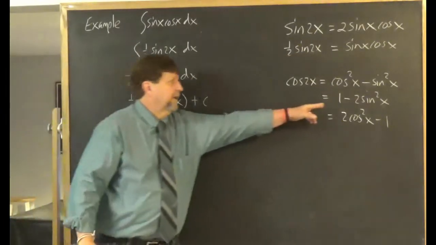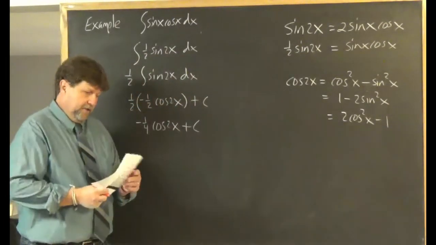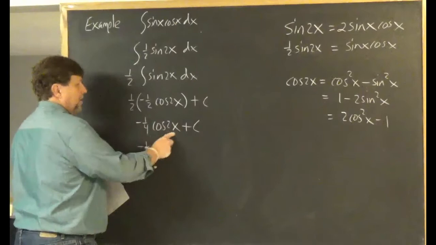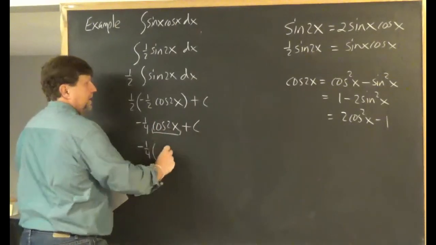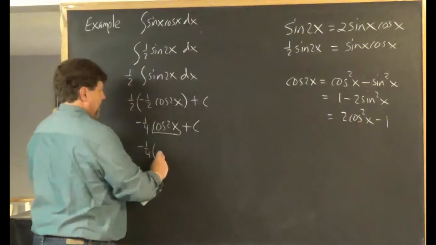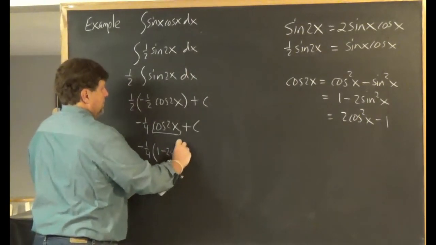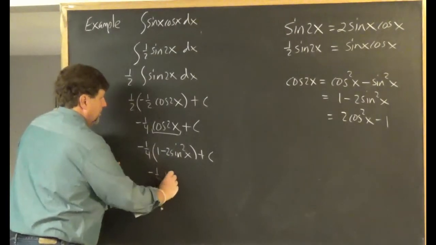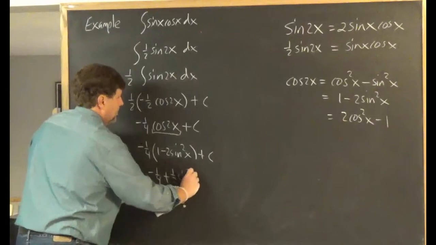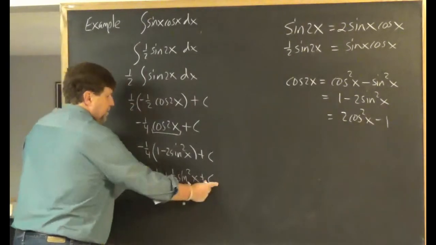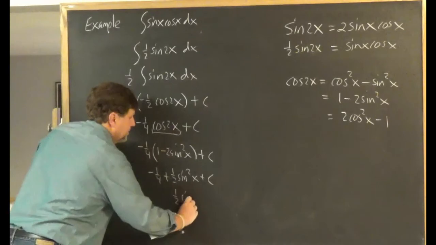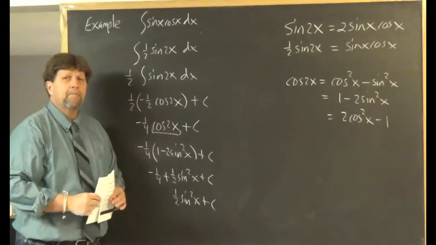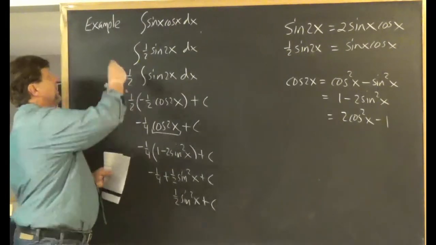So I think if I use this one, I can get the answer that we had for part A. If I say cosine 2x is 1 minus 2 sine squared x, and then I distribute the negative 1/4, and then I say constant plus constant is just a constant, I get it to match what we had as an answer for part A. This was part D.